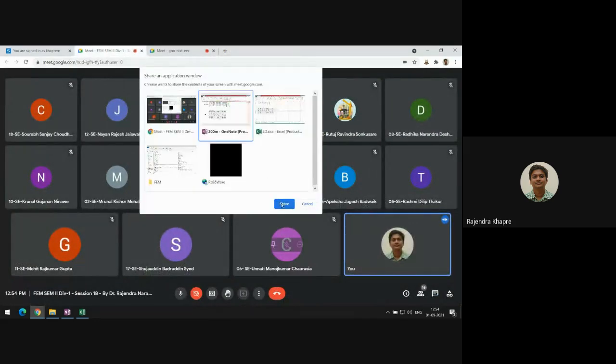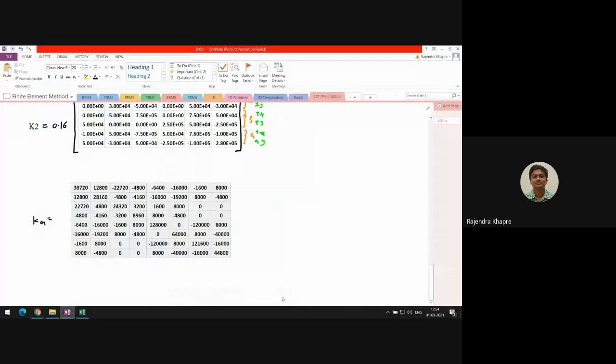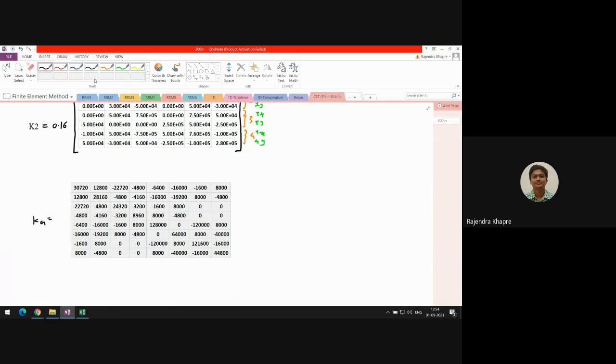Is it visible now? So basically from that Excel sheet I have generated this K global matrix. Your K global will look something like this. In this particular K global, this is 1x, this will be 1y, this will be 2x, 2y, 3x, 3y, 4x and 4y.